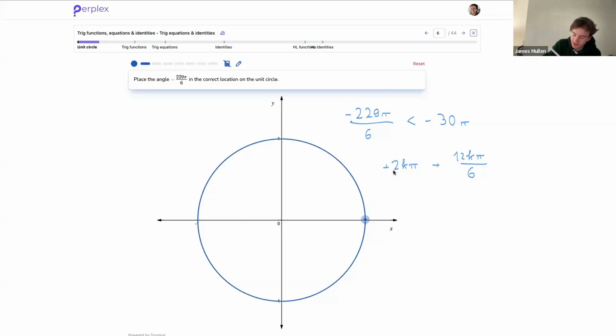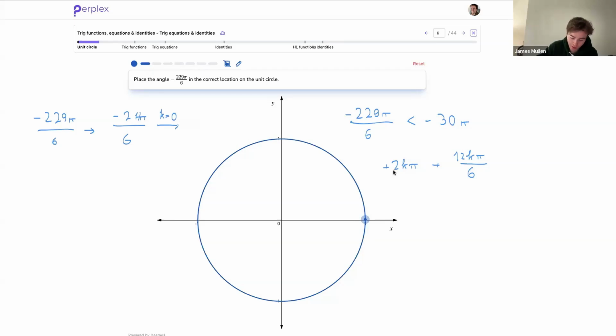So if I added it once, I would go from negative 229 pi over 6 to negative 217 pi over 6, and so on. But I can go a bit faster, and I can add a multiple. I can just add k equal to 10. Okay, I can add a lot of angle at once.